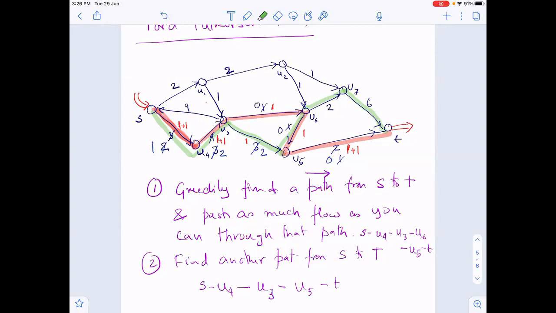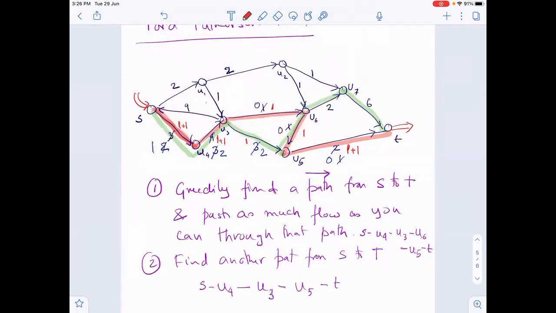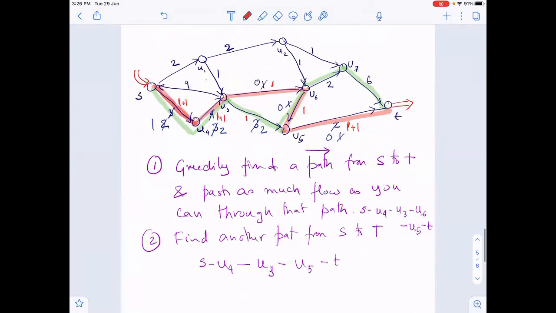Now, what happens effectively if I can do that? Let's see. In this first one, the path that I have got is what? S to U4, U4 to U3, U3 to U5. Now, this is the most weird part. U5 to U6, then U5 to U7, and then to T. So what is basically effectively happening? I am sending 1 unit from S to U4.